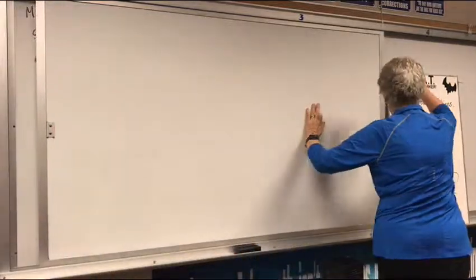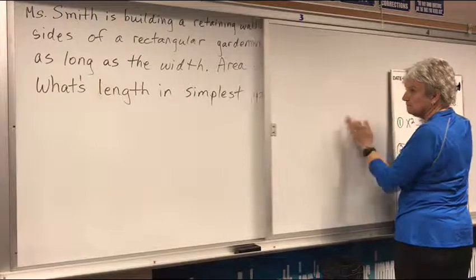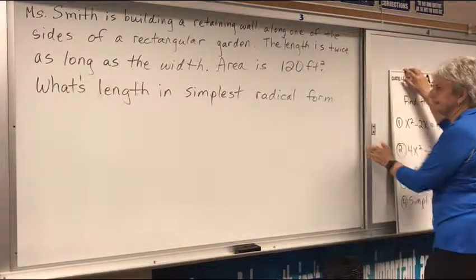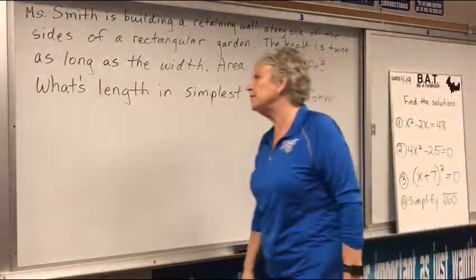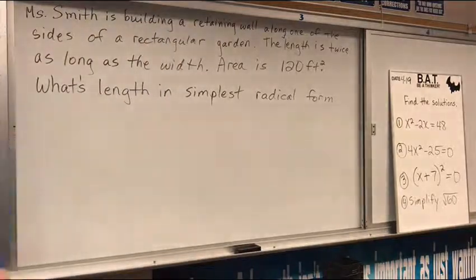Story problem. Since I'm filming, I'm going to go ahead and do it for you. All right. The length is twice as long as the width. Now, you can mentally do this, maybe. I don't know. No, you can't. It's too hard.